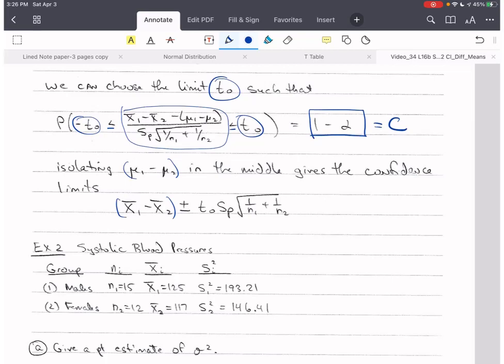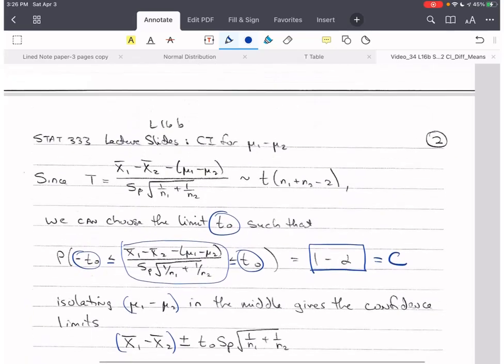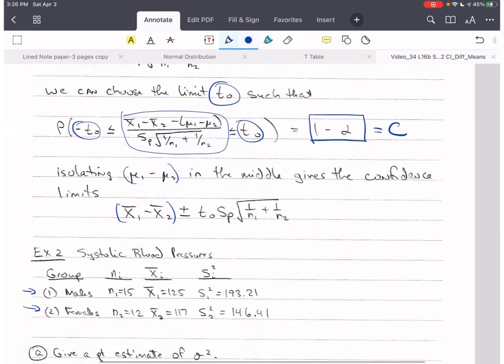So the systolic blood pressure again, but now I've called males 1 and females 2. Okay? So I just relabeled which one was which. So now I'm going to get a positive confidence interval instead of a negative one. And that's exactly what happens. From the last time, we had a confidence interval of negative 13.1 to negative 2.9.